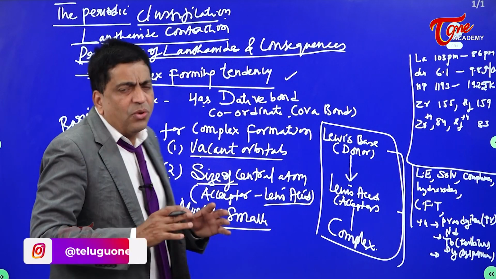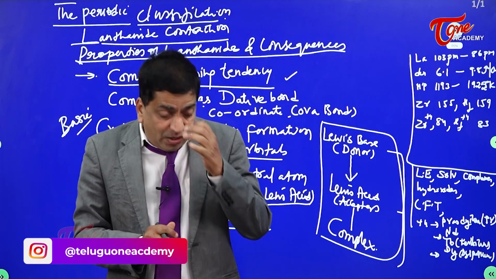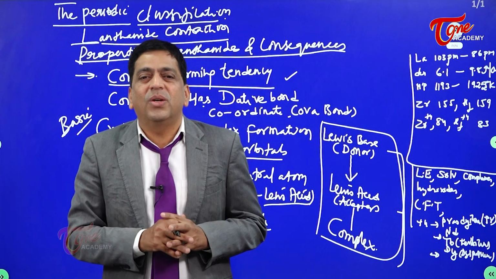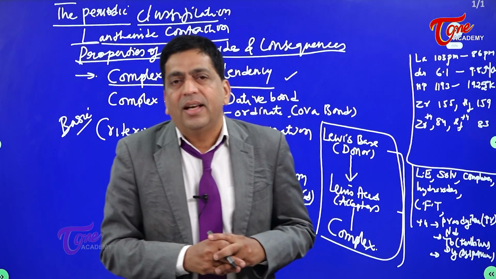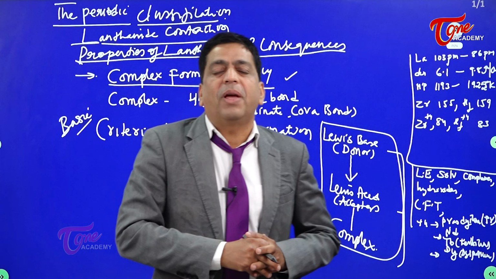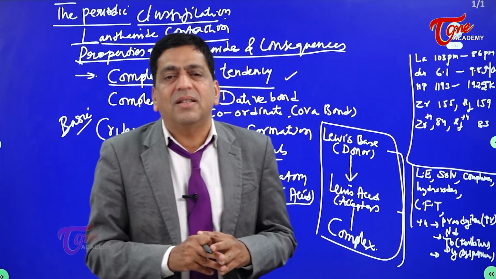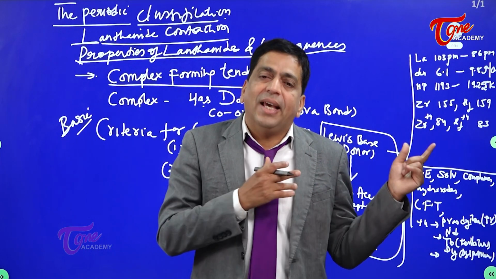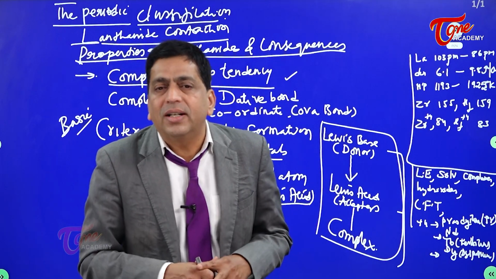So basically, if you wanted an element in the periodic table to form complexes, the size must be what? Small. So common sense is suggesting the first group elements and the second group elements hardly involve in complexes. Because the S block is the biggest in sizes in the entire periodic table.